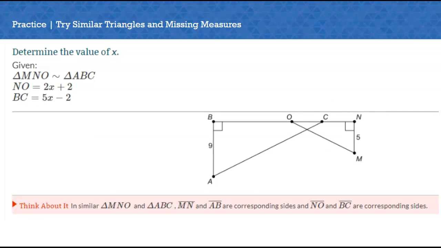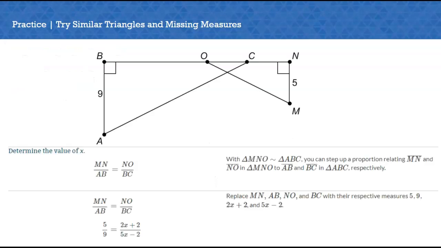Given triangle MNO is similar to triangle ABC, NO is equal to 2x plus 2, and BC is equal to 5x minus 2, find the value of x. In similar triangles MNO and ABC, MN and AB are corresponding sides, and NO and BC are the corresponding sides.